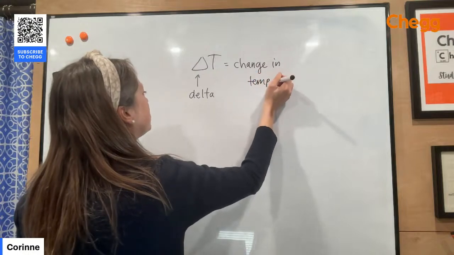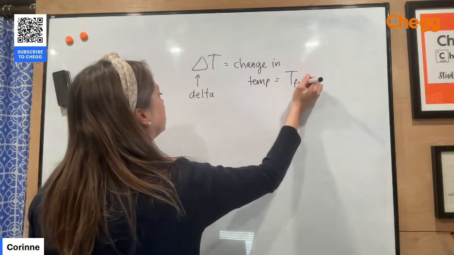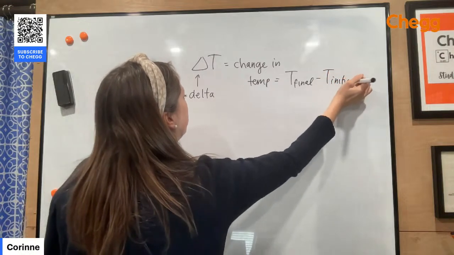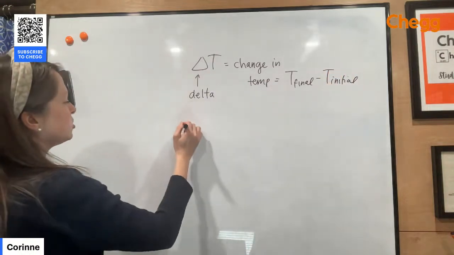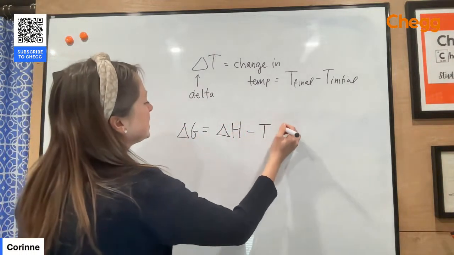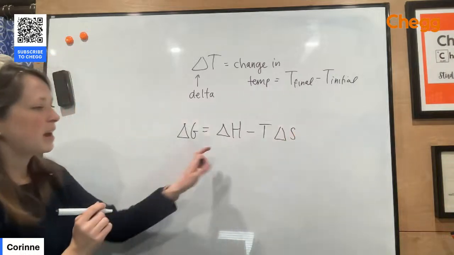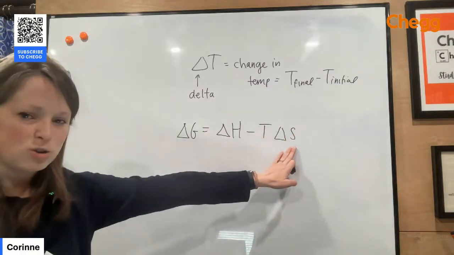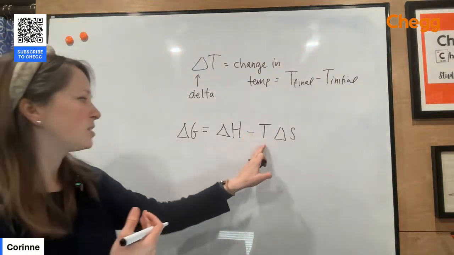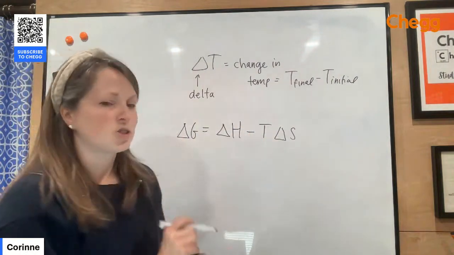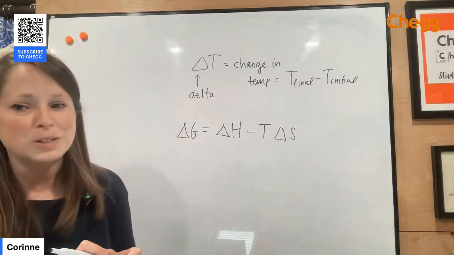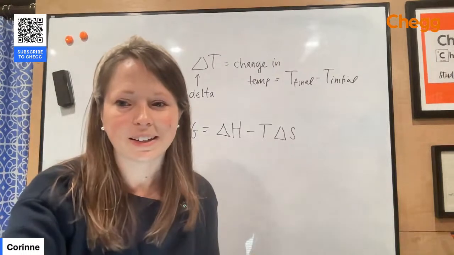So it's always going to be your final minus your initial. Earlier we were doing the Gibbs free energy equation: delta G equals delta H minus T delta S. So we have the change in enthalpy, the change in entropy, but just the temperature that this is happening at. So this is only a single temperature. If we were looking at the change in temperature, you would have seen that triangle, that delta, representing the change.